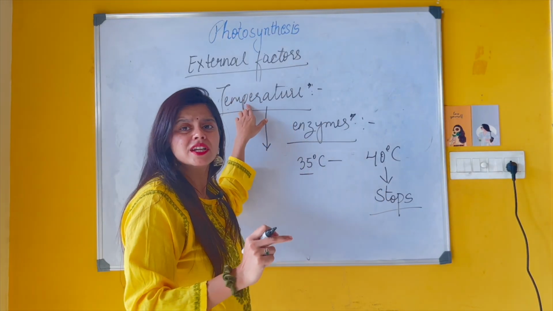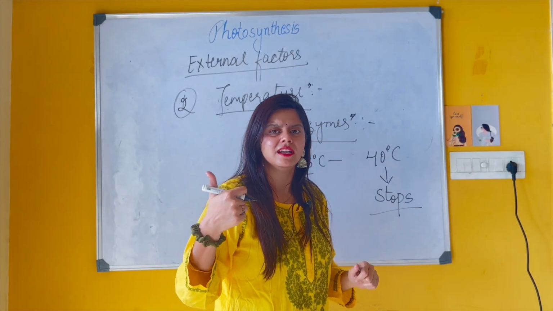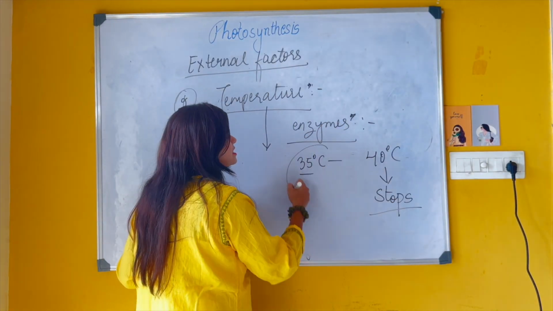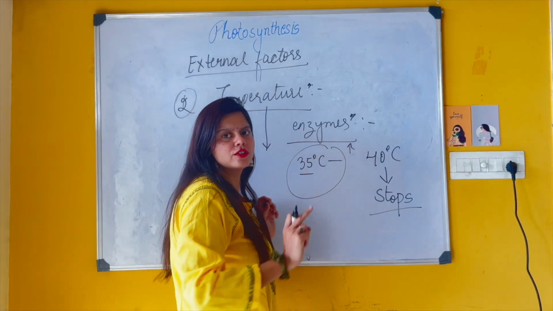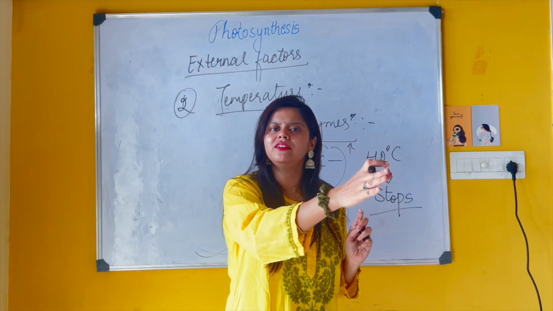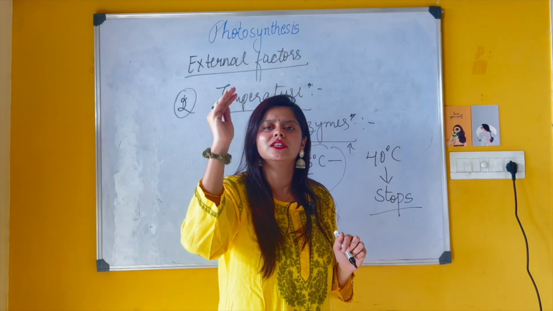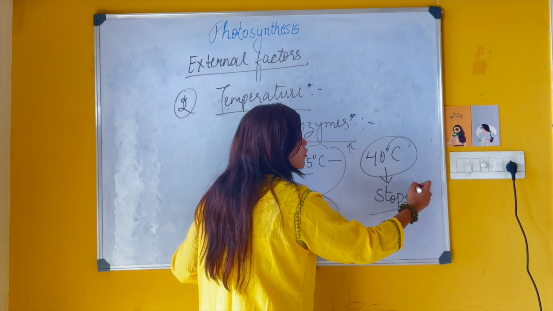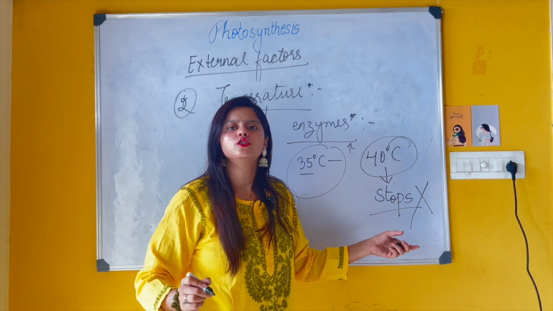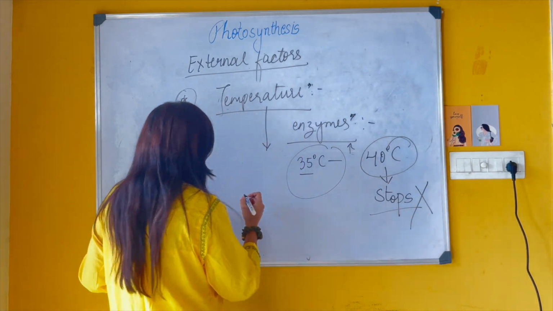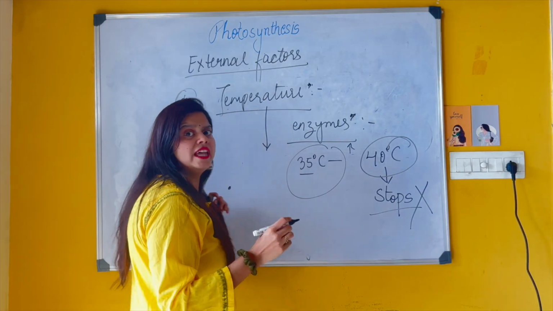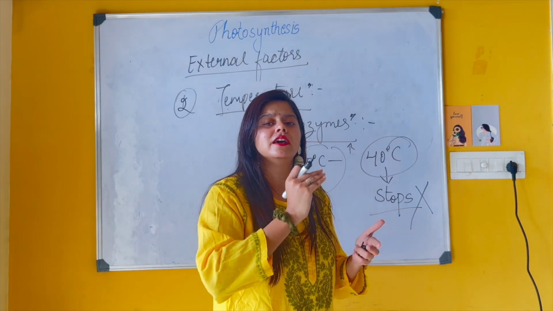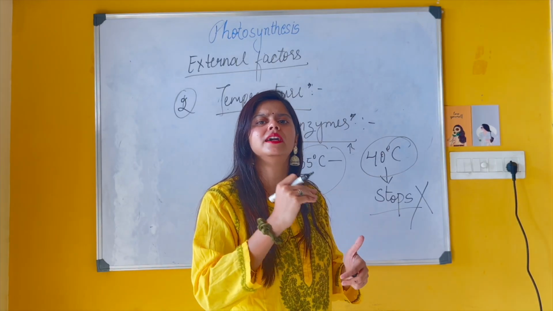So how is temperature an external factor, right? How is it affecting rate of photosynthesis? At 35 degrees Celsius there is maximum rate of photosynthesis. After 35 degrees Celsius, rate of photosynthesis starts decreasing. And after 40 degrees Celsius, photosynthesis completely stops. There's one more point. With every 10 degrees Celsius rise in temperature, rate of photosynthesis doubles.